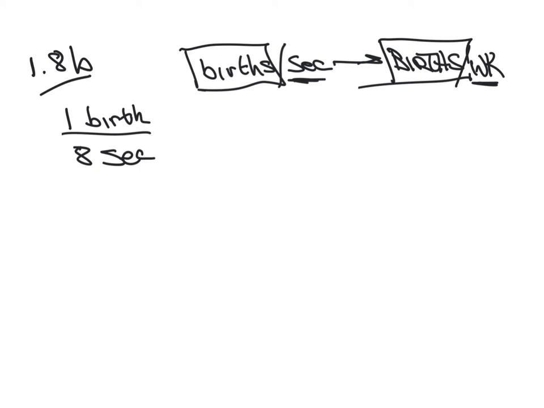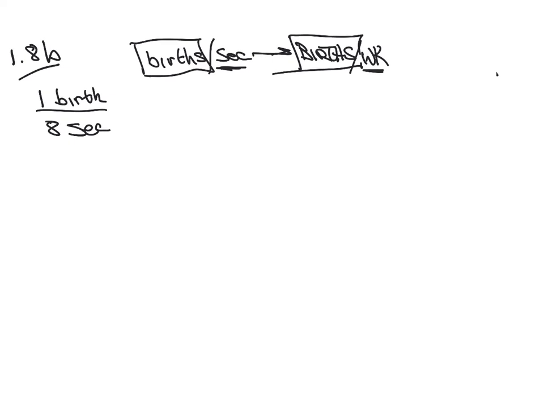So here is my initial units that I've got. One birth per 8 seconds. We're changing seconds to weeks. So the way I do this, times line. Seconds is on the bottom, so I know seconds is going to go on the top here.